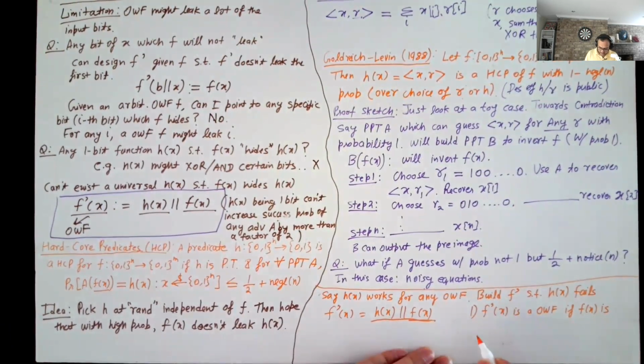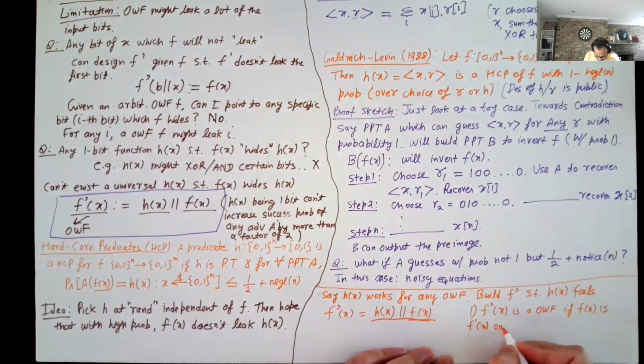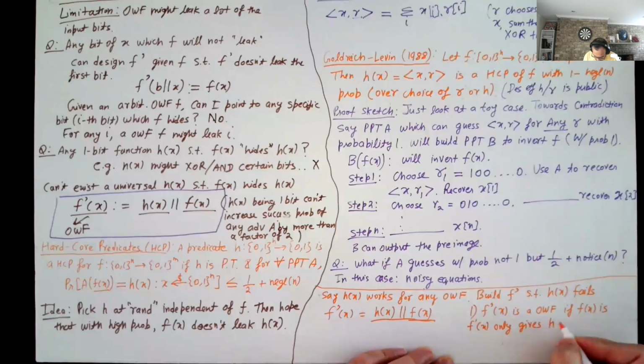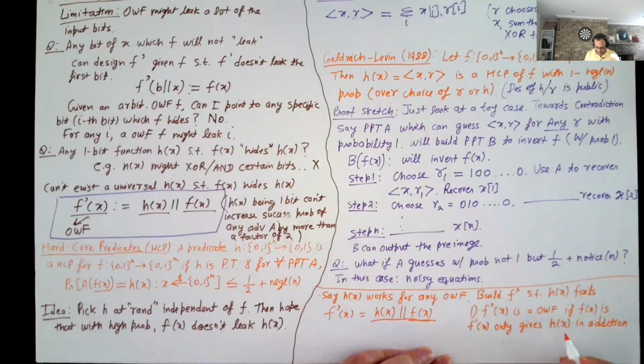So the proof of this is that f prime of x only gives h of x in addition. But this is only a single bit.